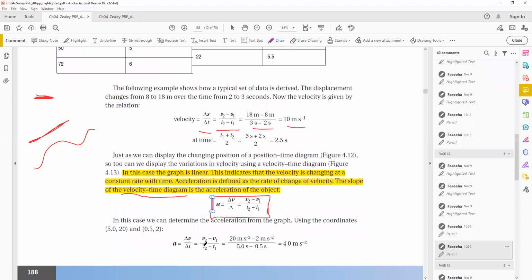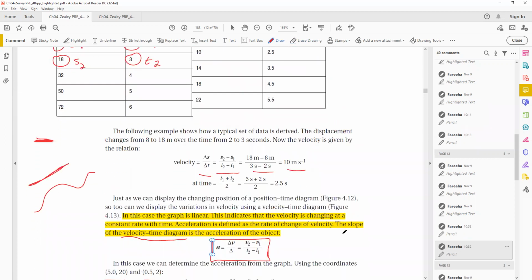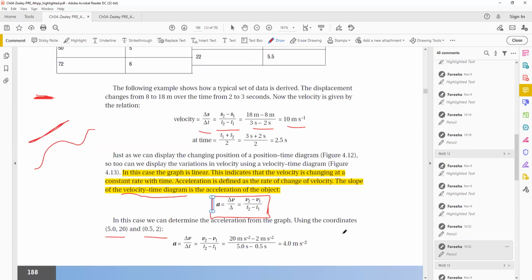You can see there's an example here. For example, we can determine the acceleration from the graph using the coordinates (5, 20) and (0.5, 2). So we have 2 points. 5 and 20 means this is the time, 5, and this is the velocity, 20.